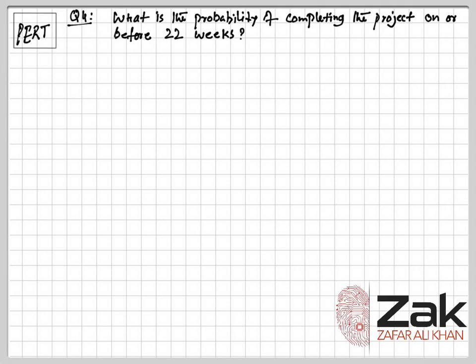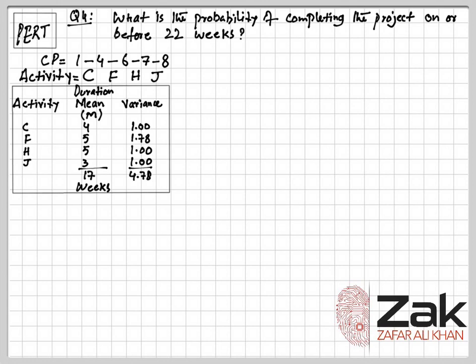In order to find that, we need the critical path that we have already found, the activities on the critical path, and the mean duration and the variance for those activities. The means for all the activities on the critical path C, F, H and J add up to 17 weeks, and the variances, already found in the first question, are also added up. So it is 4.78.